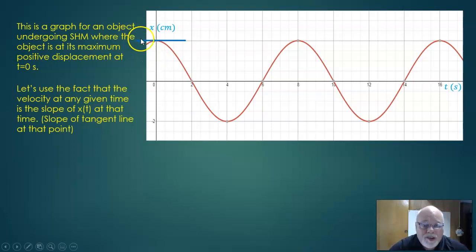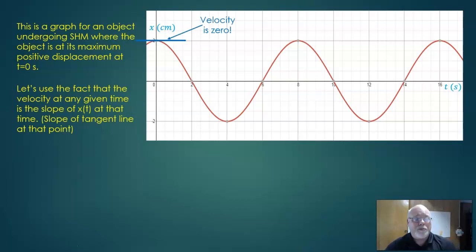Okay, so what this tells us is that at the maximum positive amplitude, the velocity of the mass that's attached to that spring has to be 0. And that makes sense, doesn't it? Because think about what's going on. As it moves out to its maximum positive amplitude, it's got to stop and turn around so it can start going back the other direction. So we would expect that at the maximum positive amplitude, the velocity should be 0, and our graph shows us that.